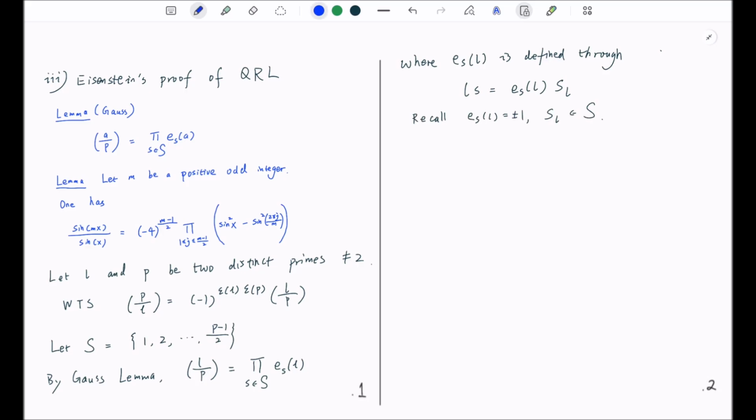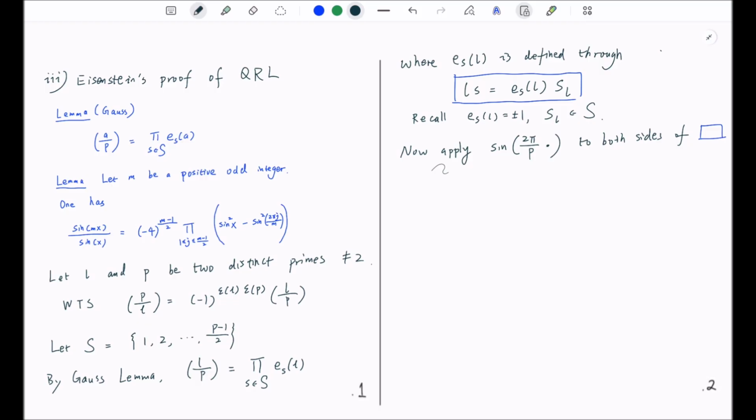And now we're going to apply a function to both sides of this equation. We're going to apply sine of 2π/p to both sides.